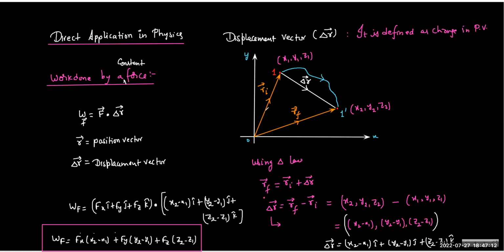Why? Because when vectors are written in terms of components, we can directly take the dot because we know the dot of i with i, j with j, and k with k. So in dot, what we do? We multiply the x components together, y together, z together, and we add them, of course with sign, plus, minus, and so on.